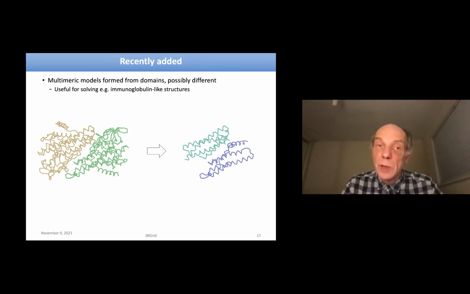Those domains are usually oligomers, usually conserved, as in helicases, whereas the other domains may take different conformations, so such models are good. And they also allow us to solve immunoglobulin-like structures automatically, even if there are many copies in the asymmetric unit.